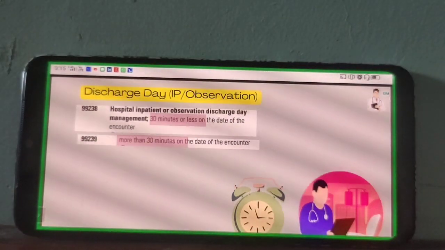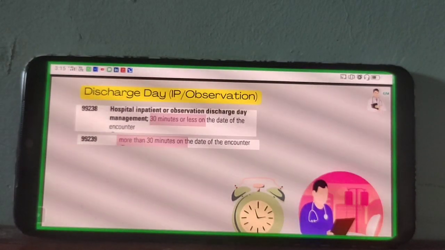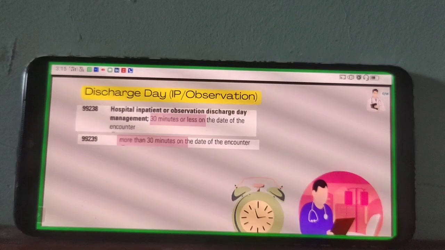Suppose a doctor spends 20 minutes to discharge the patient, then we have to report 99238. Am I right? For 20 minutes of service, 99238.